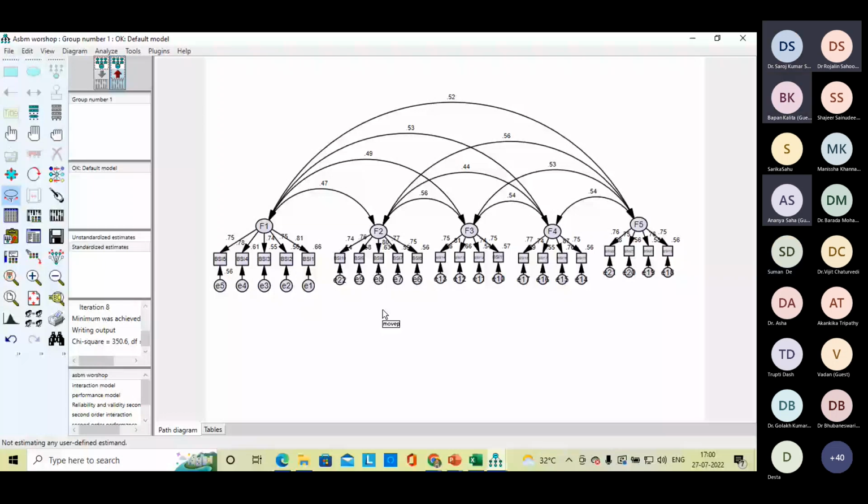Please hold it. Now come to F3. Look at my cursor movement. BSI 11 to F3 is 0.75, plus 0.74, plus 0.81, plus 0.75, divided by 4, because 4 indicators are there.